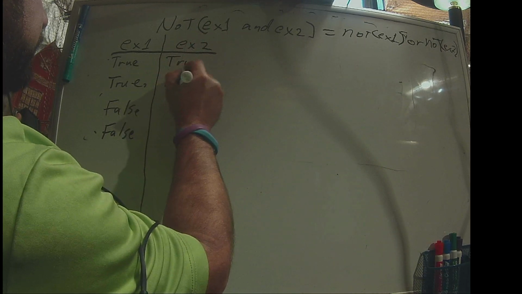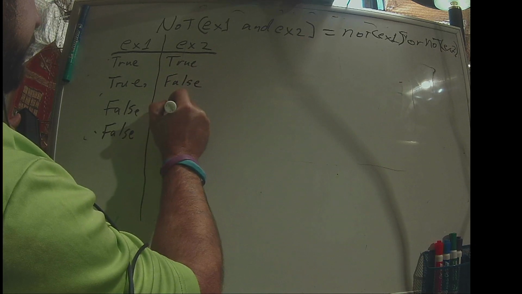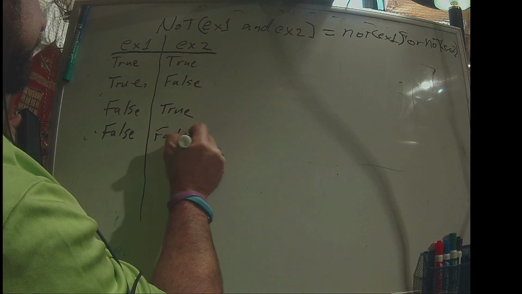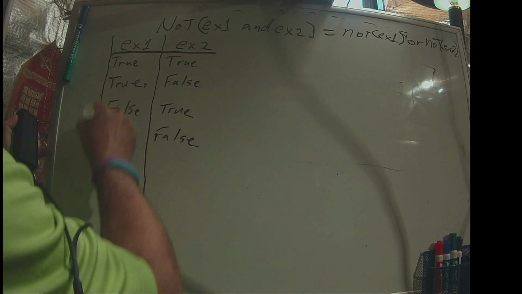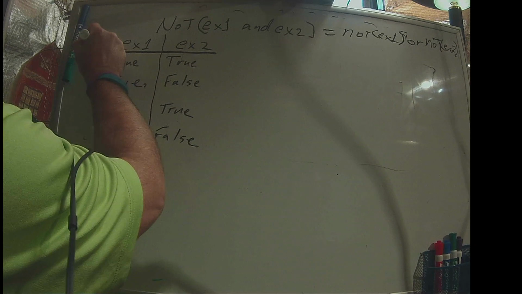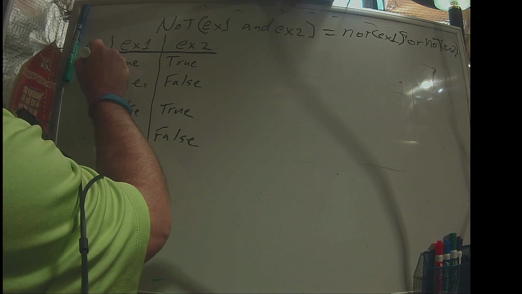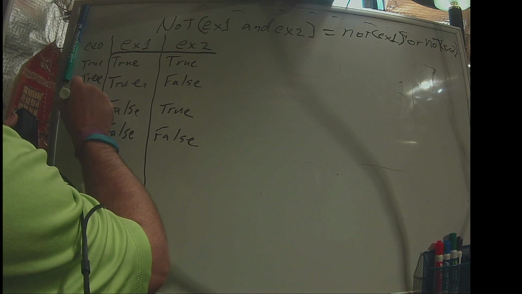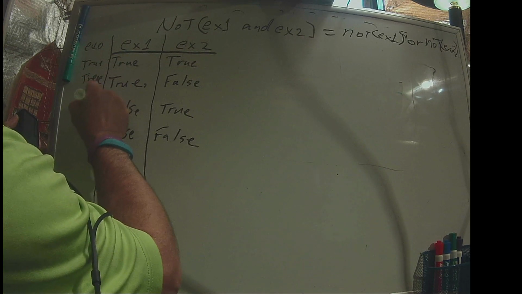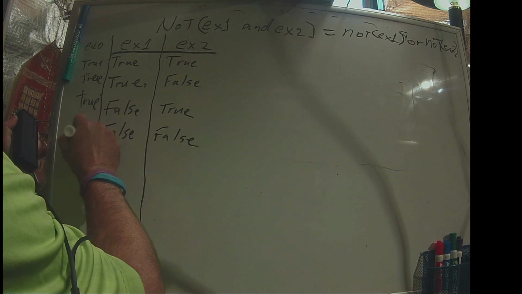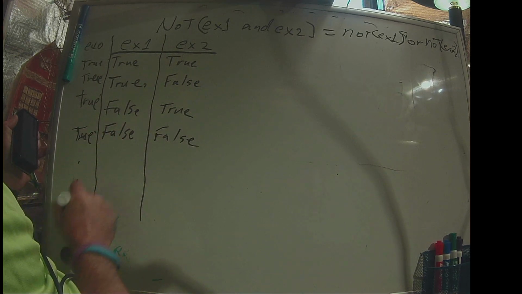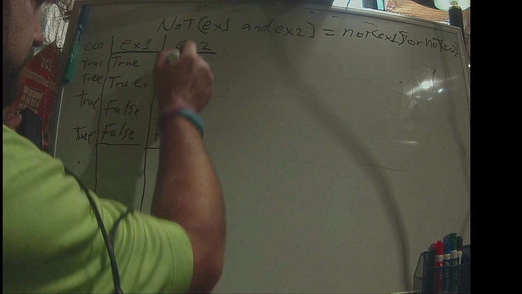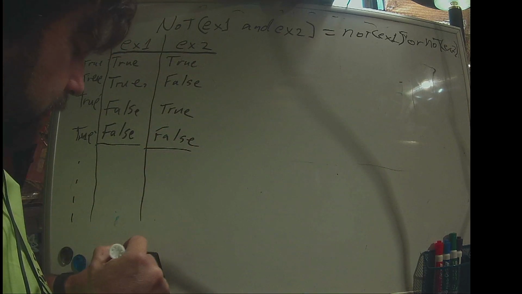And then here we do true, false, true, false. Now if we have 3 variables, say EX0, we would do 4 trues in a row, and then 4 falses in a row, and then we would repeat this pattern again, and that would give you all possible combinations.